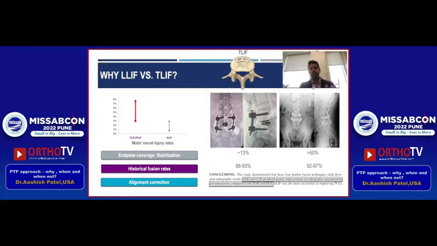I want to talk a little bit between posterior interbody and lateral interbody techniques. There's a lot of data out there that demonstrate with the extra release from lateral interbody fusion and the bigger footprint of the interbody device that there's improvement in fusion rates and improvement in overall segmental alignment postoperatively with lateral interbody versus TLIF and PLIF.